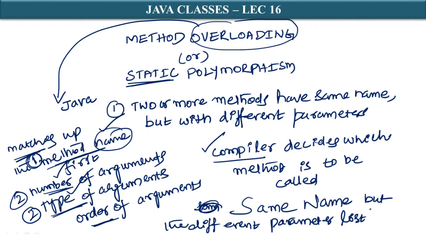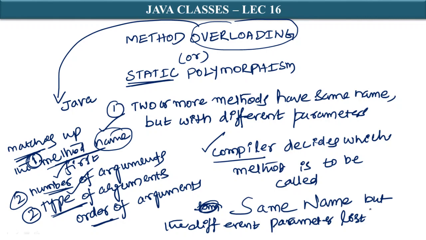All methods will have the same name, but they differ in terms of the number of arguments, type of arguments, and order of arguments. Thus, each parameter list should be unique. They must be unique in terms of parameter list, but they must have the same name.